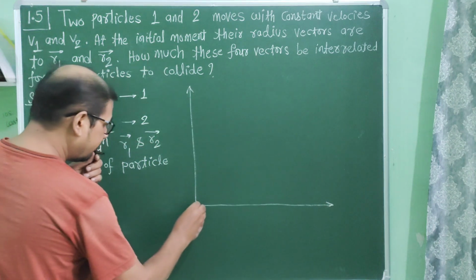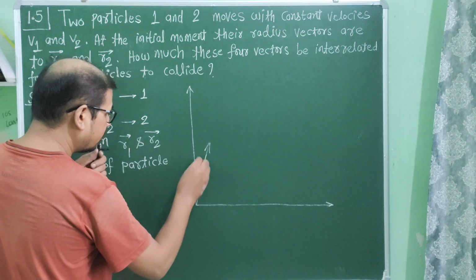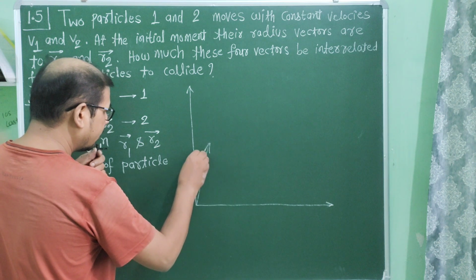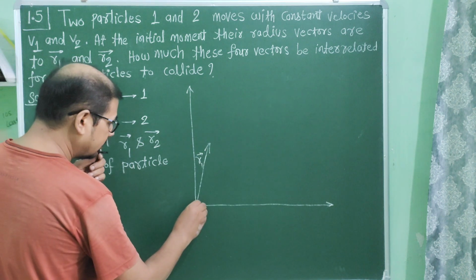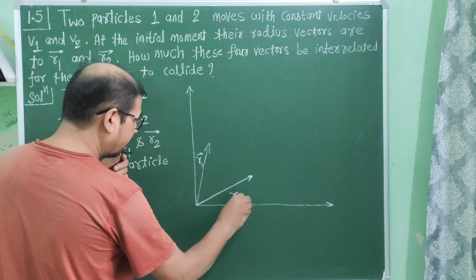This is the particle first, r1 vector. This is the particle second, r2 vector.